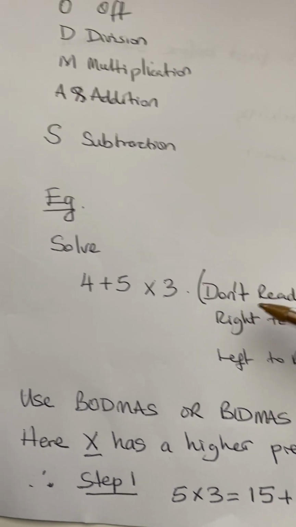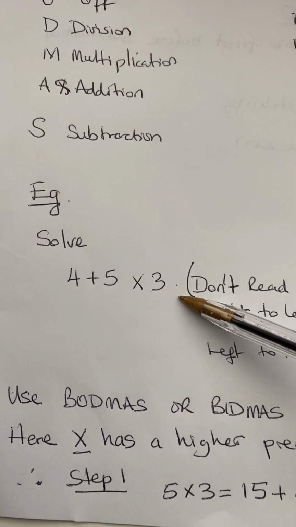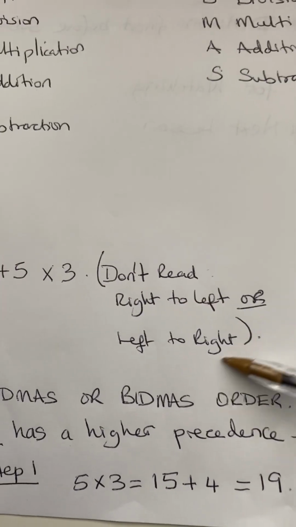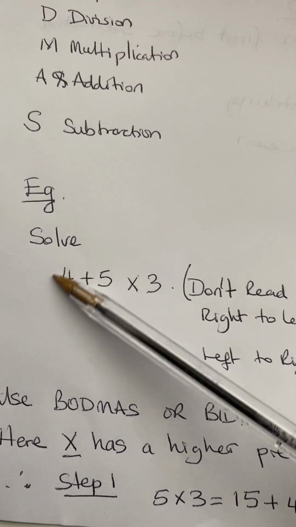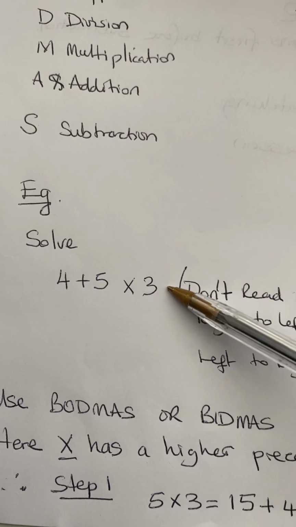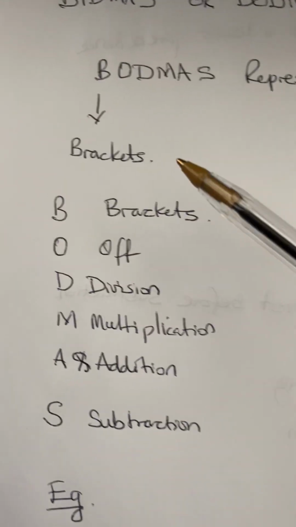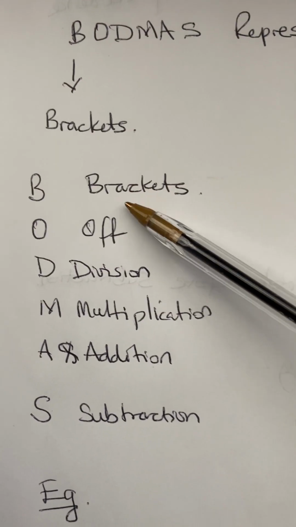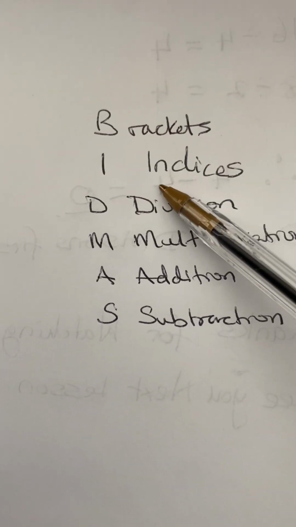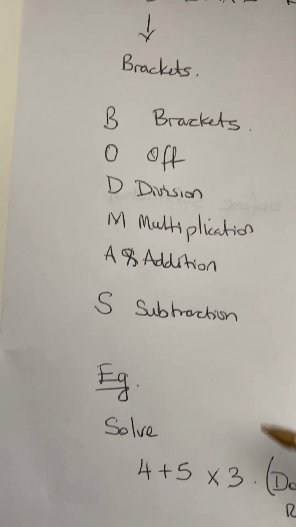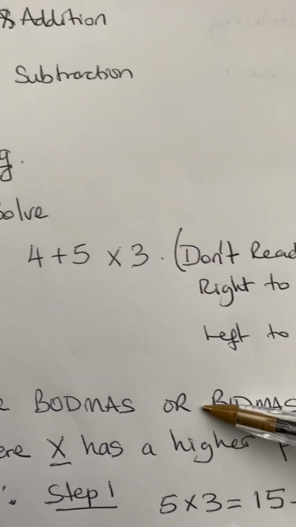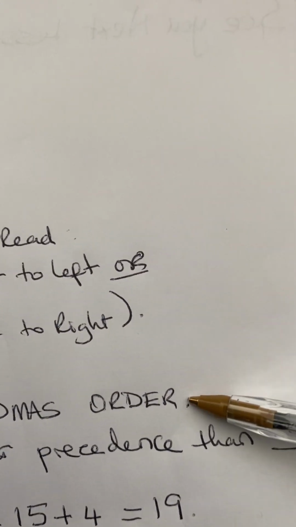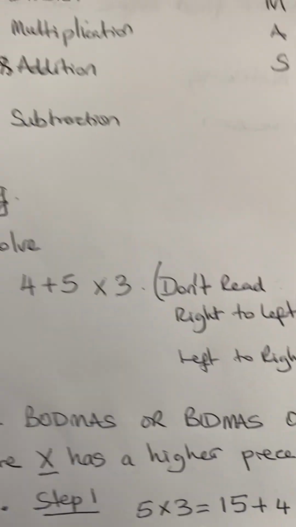So you don't read right to left or left to right. You need to look at the equation, and with your knowledge of Bodmas or Bidmas, you are going to apply it. So here you use Bodmas or Bidmas order.